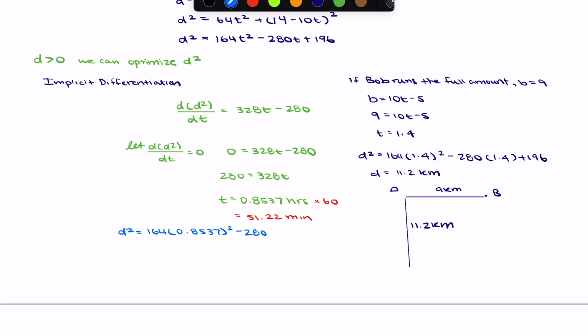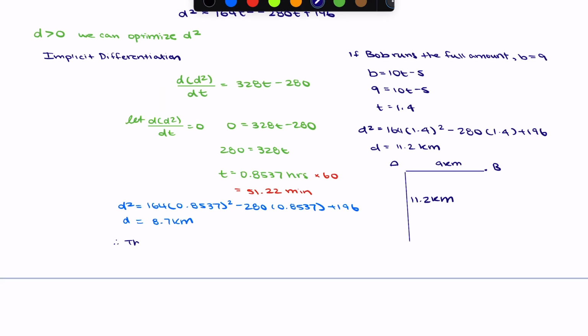So d squared is equal to 164 times 0.8537 squared minus 280 times 0.8537 plus 196. We'll see here that the distance will be 8.7 kilometers.